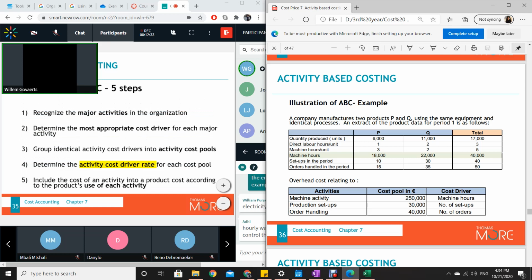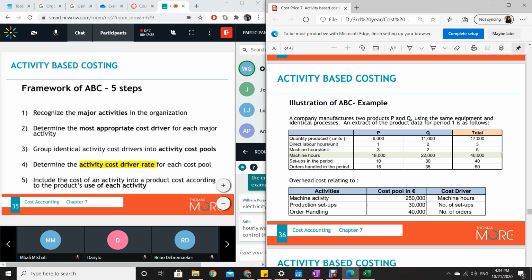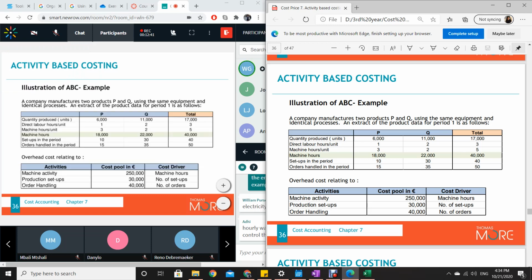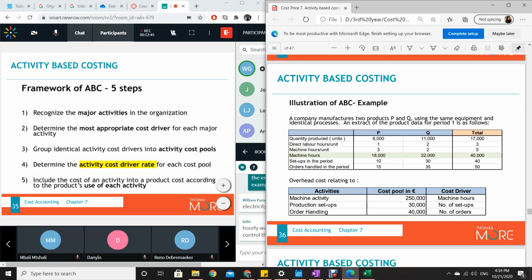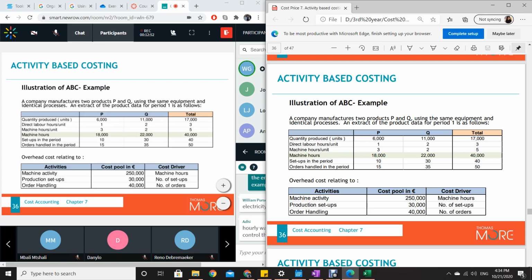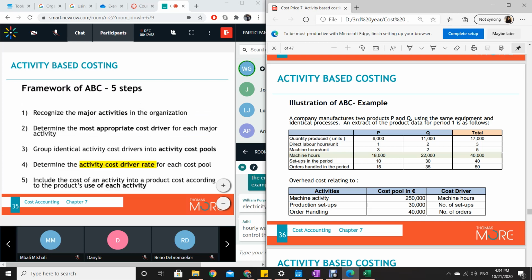We are already in steps 1 and 2. The major activities are machine activity, production setups, and order handling. Those are the 3 major activities, and we have determined already the cost driver for each activity, and we know also the cost pools, so all the costs.